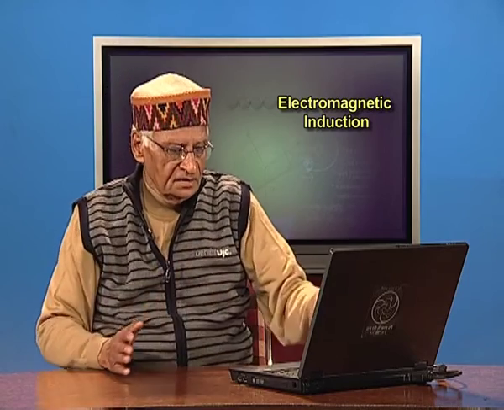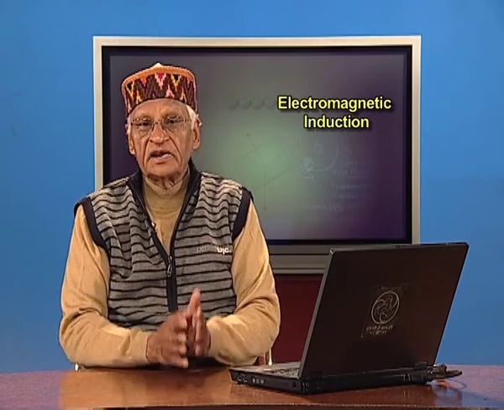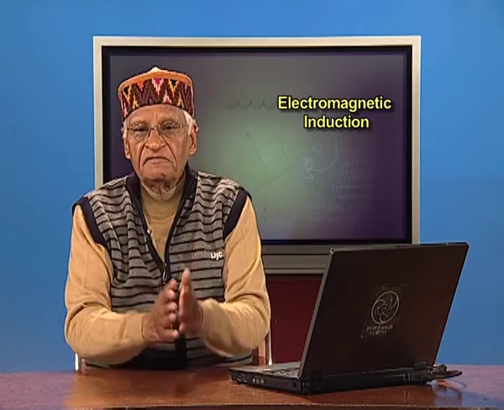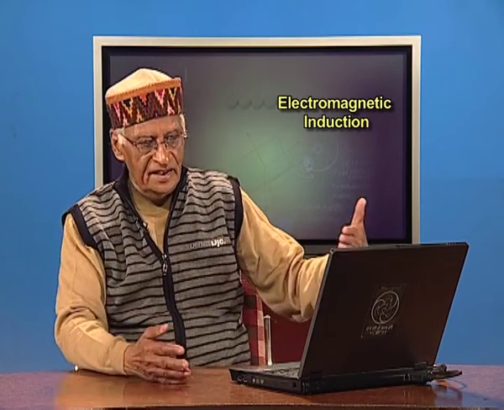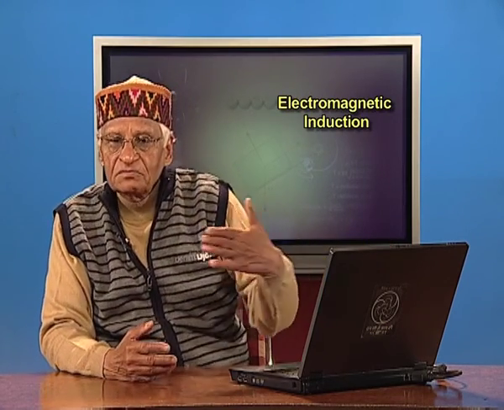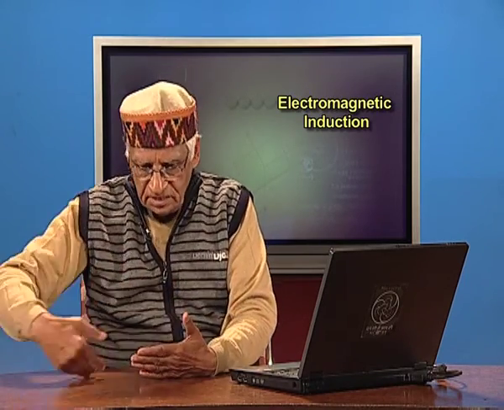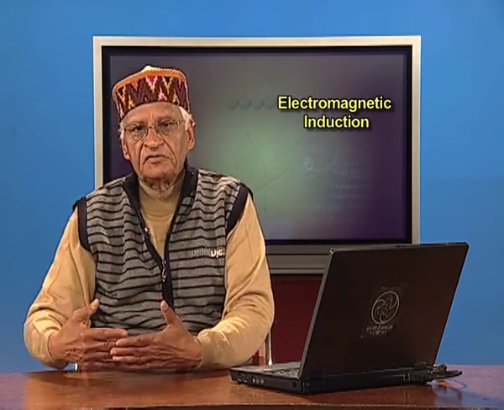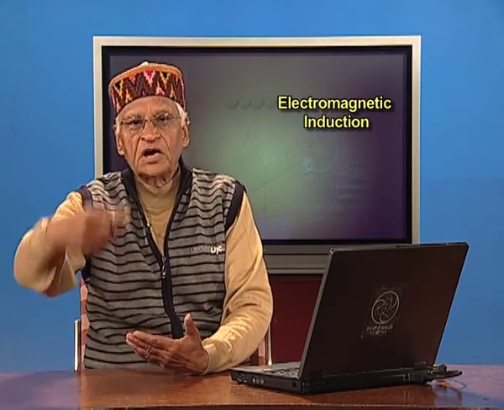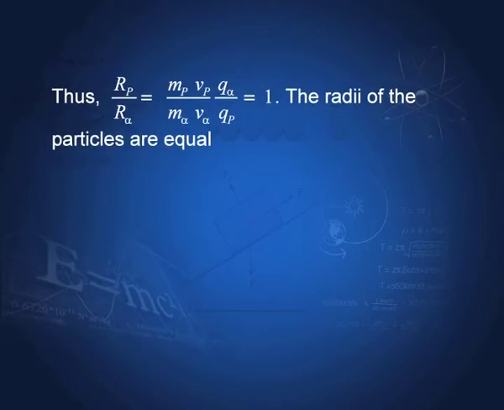That means the radii of the particles are equal. That is, if a proton and an alpha particle have the same kinetic energy and they move into a magnetic field, then both of them will gyrate, but with the same radius.